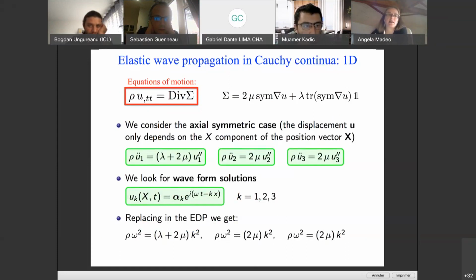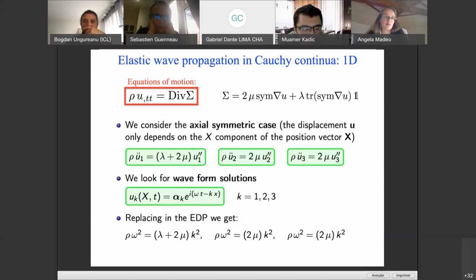And so what we say is, okay, we start with our equations of motion. We consider a case in which our unknown field, which is the displacement, only depends on one space variable x instead of the whole position vector.